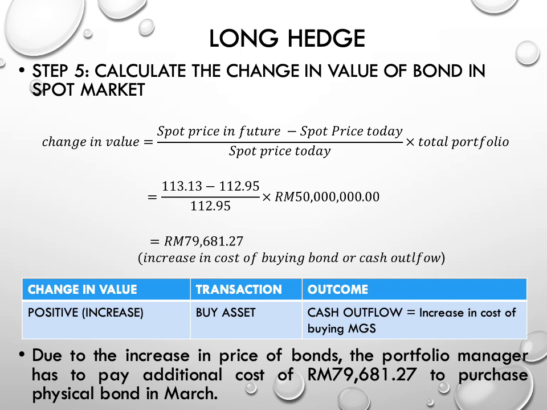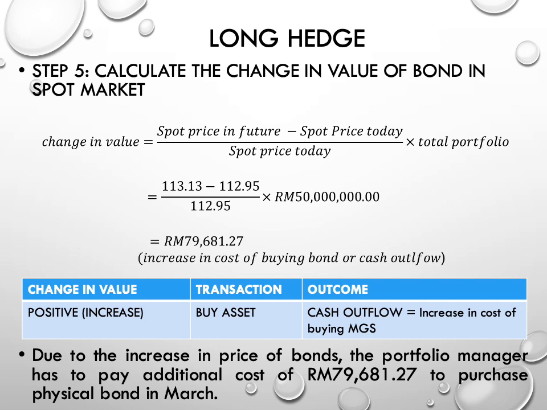So basically you get positive 79,681 ringgit and 27 cents. This is the change in value. Like I said before, you must identify whether the change in value is cash inflow or cash outflow for the investor. How to identify whether it is cash inflow or cash outflow? It is based first on whether the value increases or decreases.